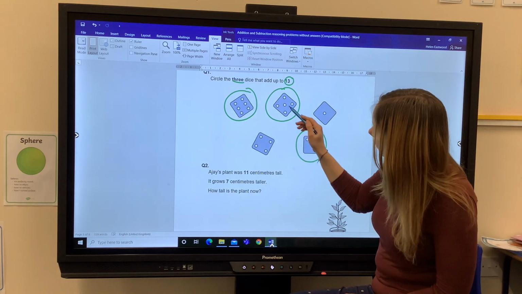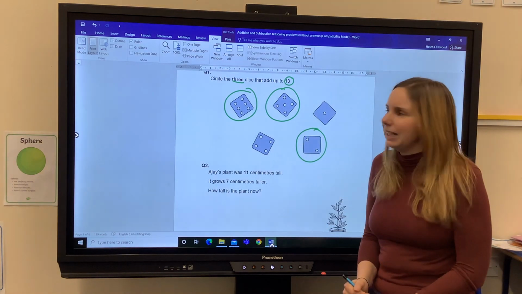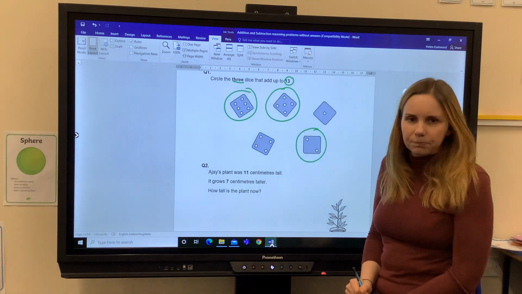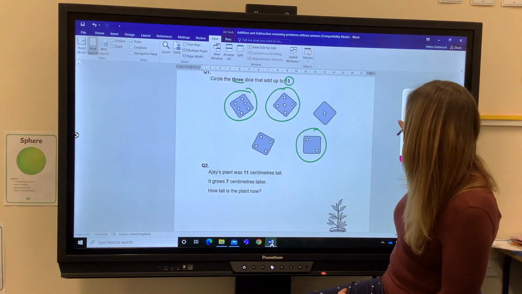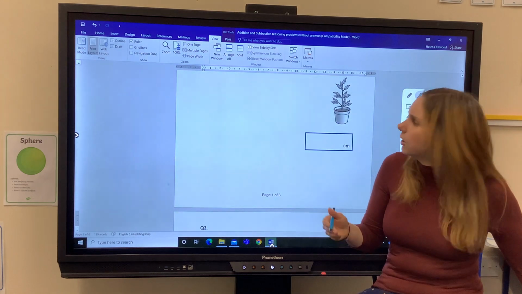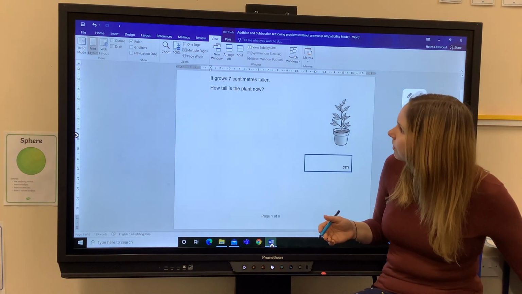Because if I had 4 and 5, that would be 9, and if I put 2 more, that would only be 11. So 6 and 5 is 11, 12, 13. Always double check as well. When you have questions like that which ask you to circle them to make a number, do double check to make sure it is making what you've been asked.